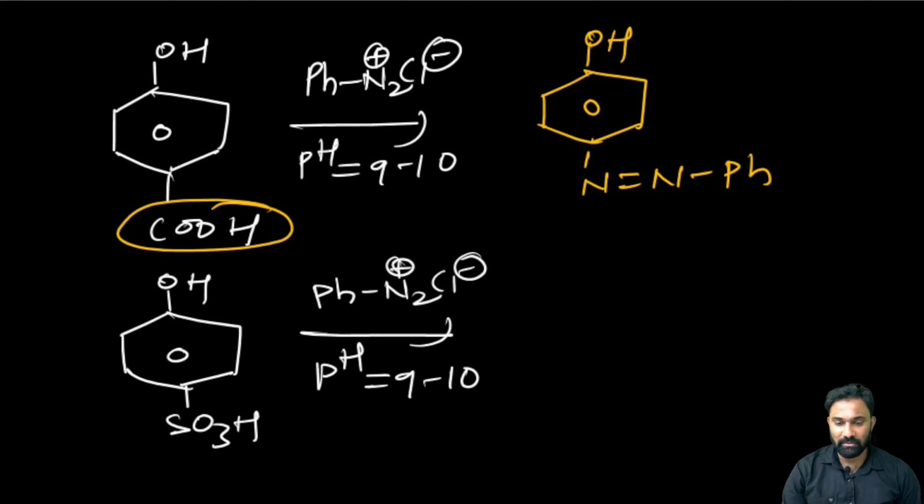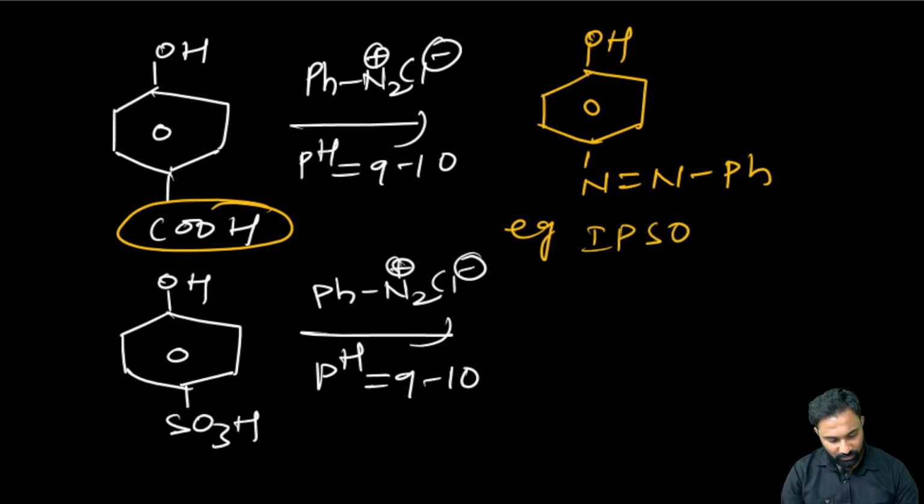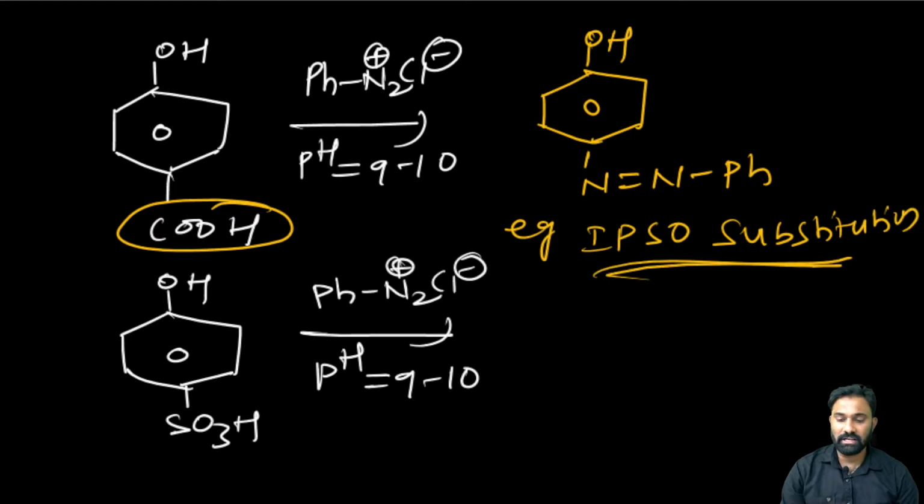Carboxylic acid will be eliminated, and it is an example of ipso substitution.